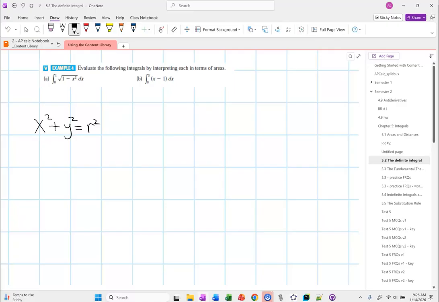Circle, yes. So if I want to write this as a y equals, right? This is also a circle, right?